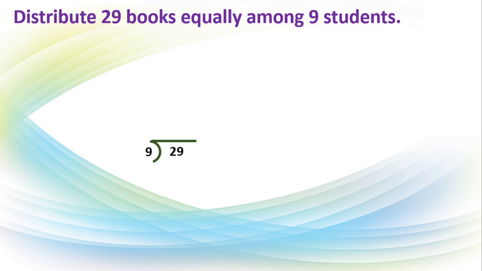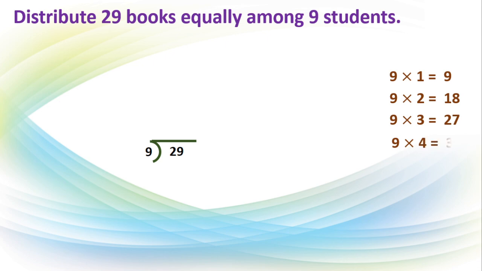We will recite the 9 times table. 9 ones are 9, 9 twos are 18, 9 threes are 27, 9 fours are 36. Yes, dear children, we will take 9 threes are 27, isn't it? Because 36 is greater than 29, right? So we will write here 9 threes are 27, correct?